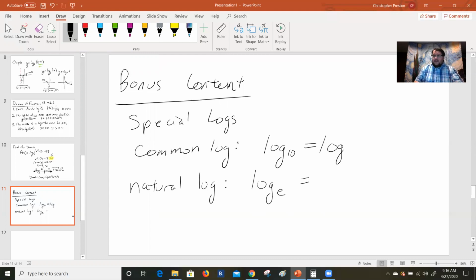Log base E is Euler's number. It's an irrational number. It's oftentimes used to describe natural systems like bacteria groups, viral infections, things like that. So we have a special thing for that. And E might think, hey, why don't you just call me log? I'm special. And 10's over here like, no, I got that. So just keep in mind that a lot of math was developed in non-English speaking countries.